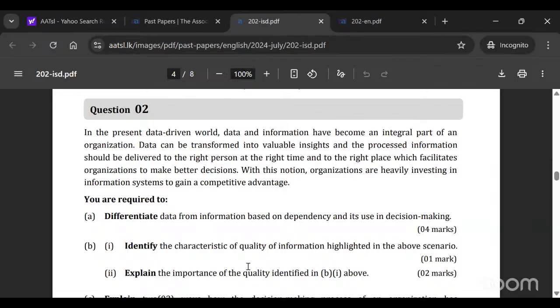The question is: differentiate data from information based on dependency and its use in decision making. What is dependency? Data depends on the source.